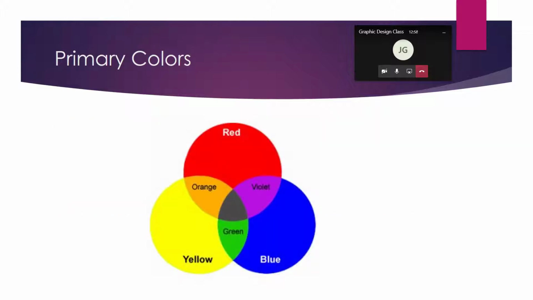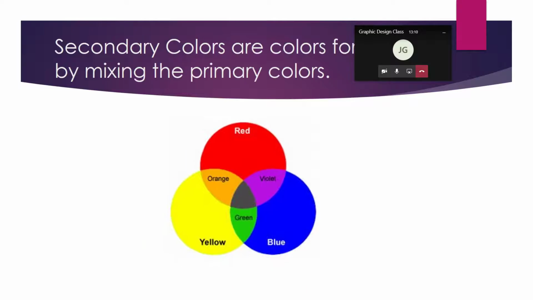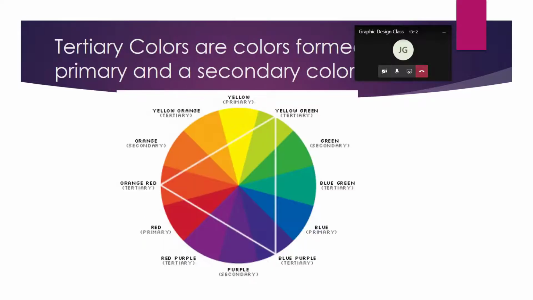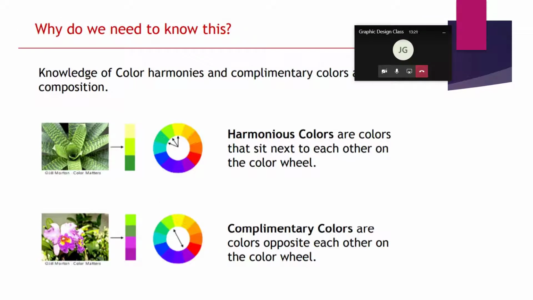The primary colors are red, yellow, and blue, and when you mix two colors, maybe red and yellow gives you orange, and you have violet and green. These are secondary colors. Tertiary colors come about when you combine a primary color and a secondary color. You also look at harmonious colors and complementary colors.